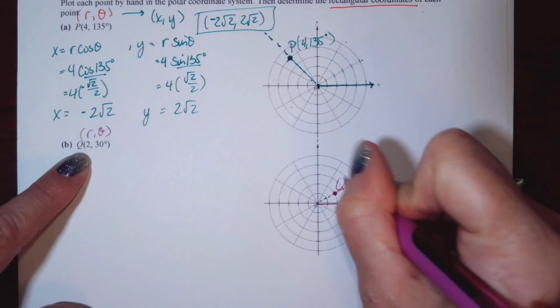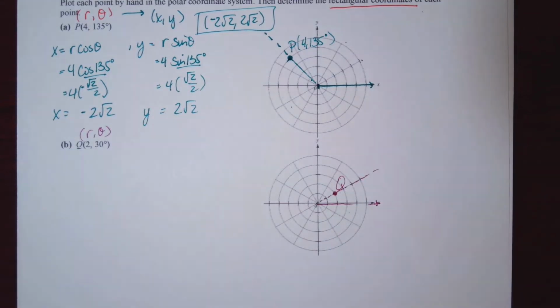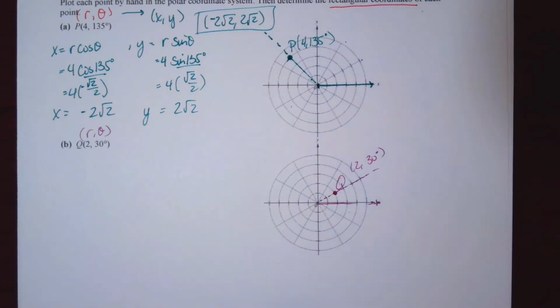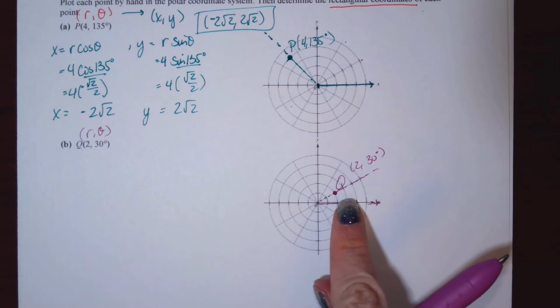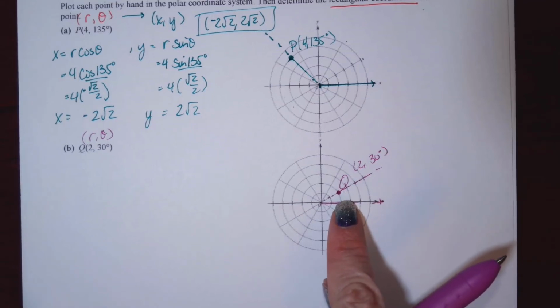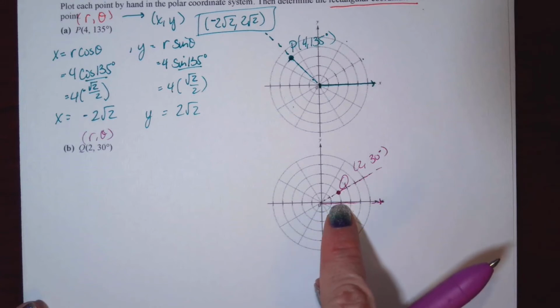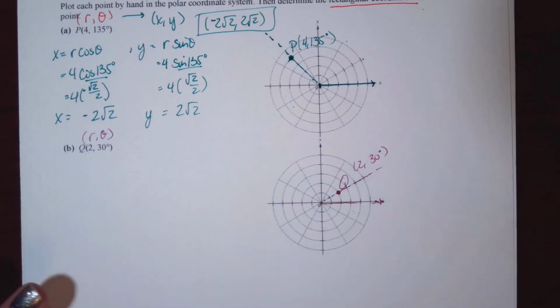So that is the location of point Q. That's 30 degrees, so I know when I get my rectangular coordinates, it's going to be positive and positive. This x value is going to be larger than the y value.